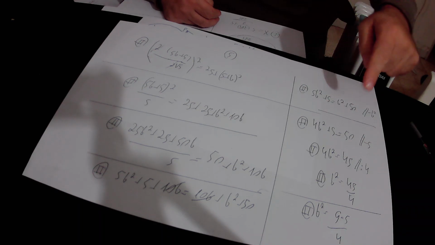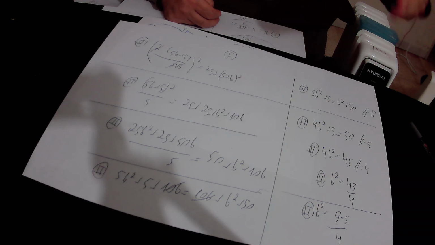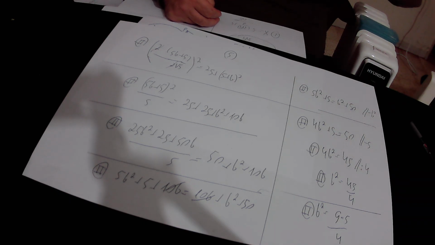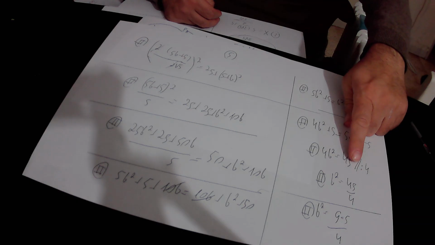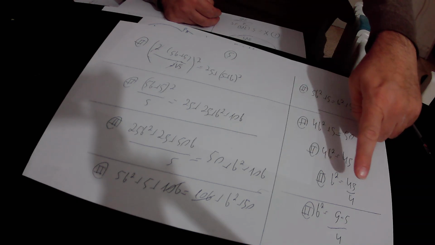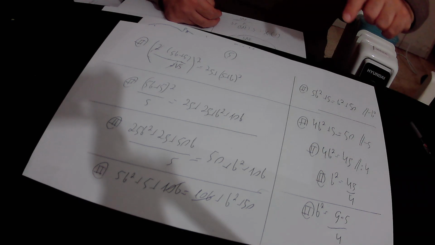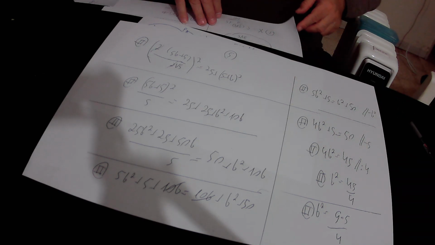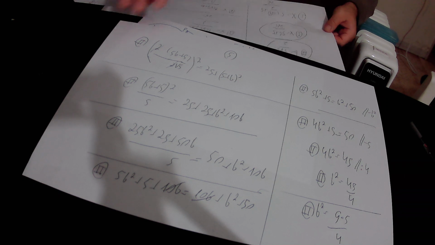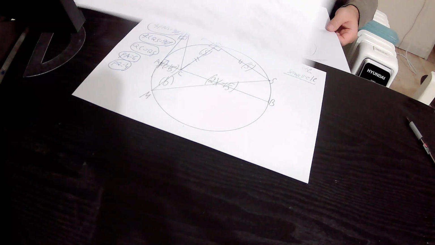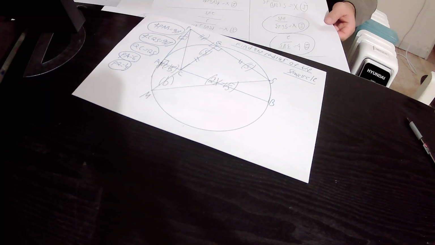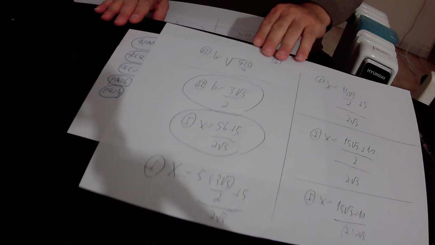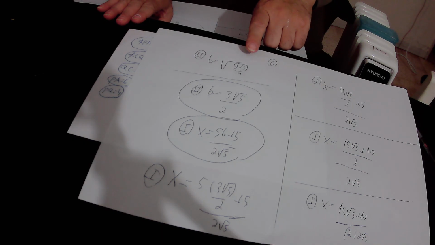We divided this equation, equation number 2, by 4, and finally found out that b squared equals 45 over 4. We substitute 45 by 9 times 5, divided by 4. Then we took a root of this equation, and finally we found out that, according to equation number 2, b equals the square root of 9 times 5 over 2.